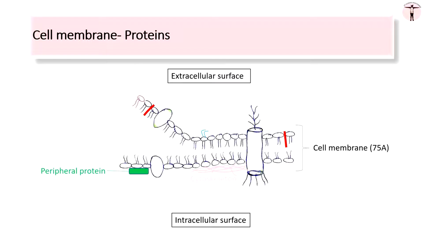The proteins embedded into the membrane and sticking out on both sides are called transmembrane proteins or integral proteins. The portions of these proteins that are adjacent to hydrocarbon tails have hydrophobic characteristics, and the parts that stick out of the cell membrane are hydrophilic in nature.